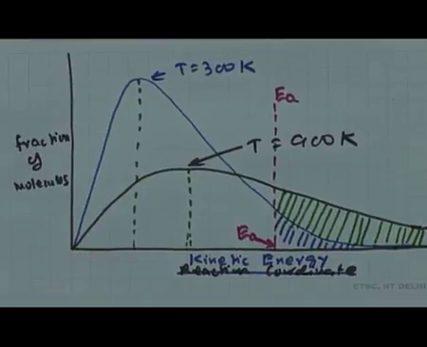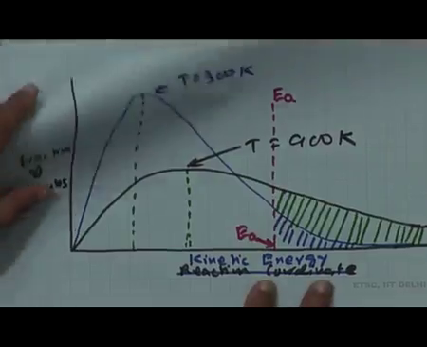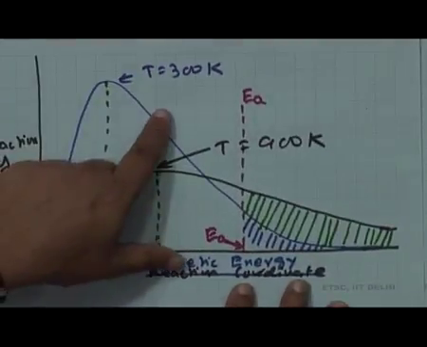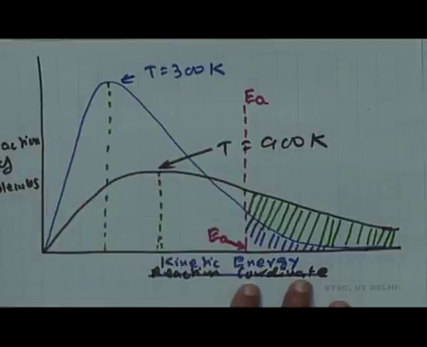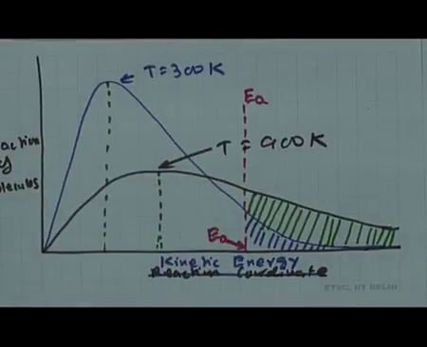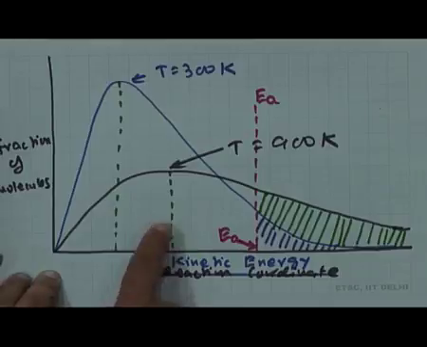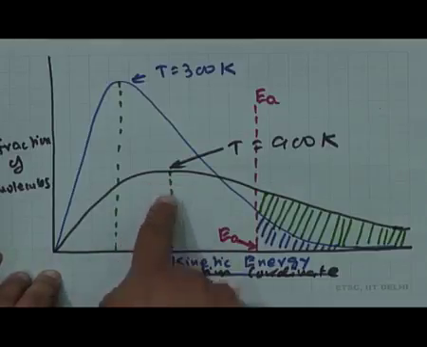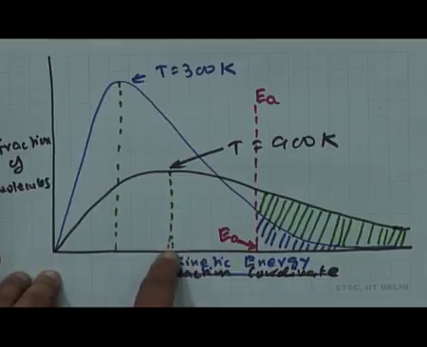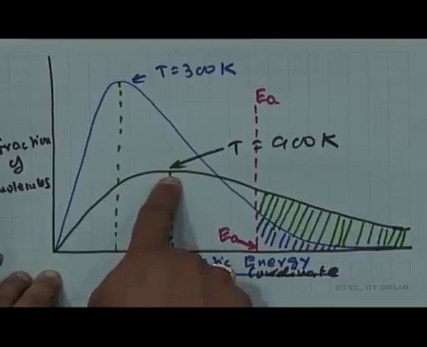The few points I should remember from this discussion: when I raise my temperature from 300 to 900 Kelvin, my distribution becomes broad, and along with that there is a shift of the peak value, the most probable value of kinetic energy, to a higher value.